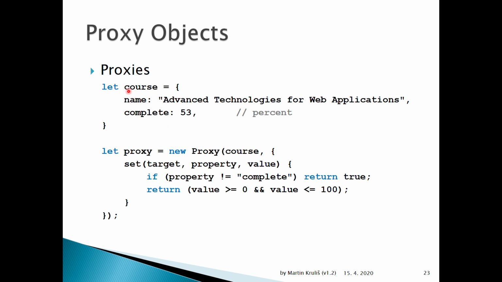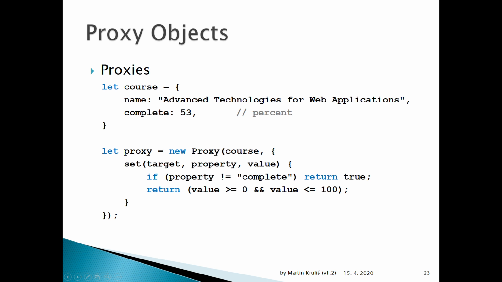It's a regular normal object which has two normal properties, and its proxy is created as an instance of the Proxy class or Proxy constructor. It gets the original object which is being monitored, and this last parameter defines which actions are being intercepted, which actions are actually being monitored. In this case, we are monitoring the setting of all properties.